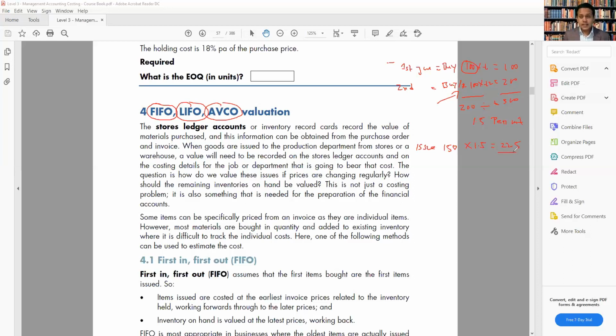So let's say after this, if I buy something again here, if there is a purchase or receipt here again, let's say 100 units, and every unit is 3, so 300. So what will happen, it will be added with the remaining. So we have 50 units left and the value left is 75. So now we have 150 units and the value will be 375.